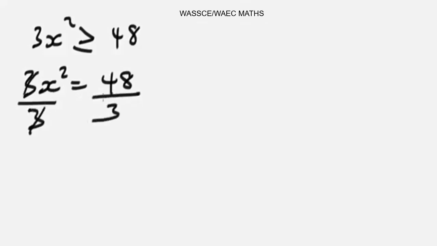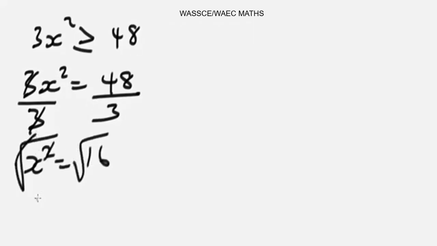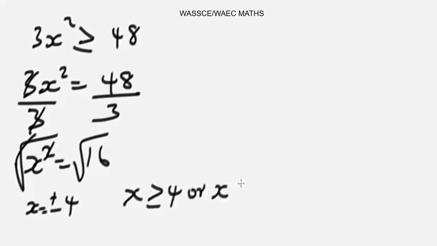So 48 divided by 3 is going to give us 16. So we're going to have x squared equals 16. So you take the square root of both sides, so the square root of 16 will be plus or minus 4. Alright, so to represent it using the inequality convention, since it's greater than, you're going to have x greater than or equal to 4 or x is less than or equal to negative 4. Okay, so that would be the answer to this question.